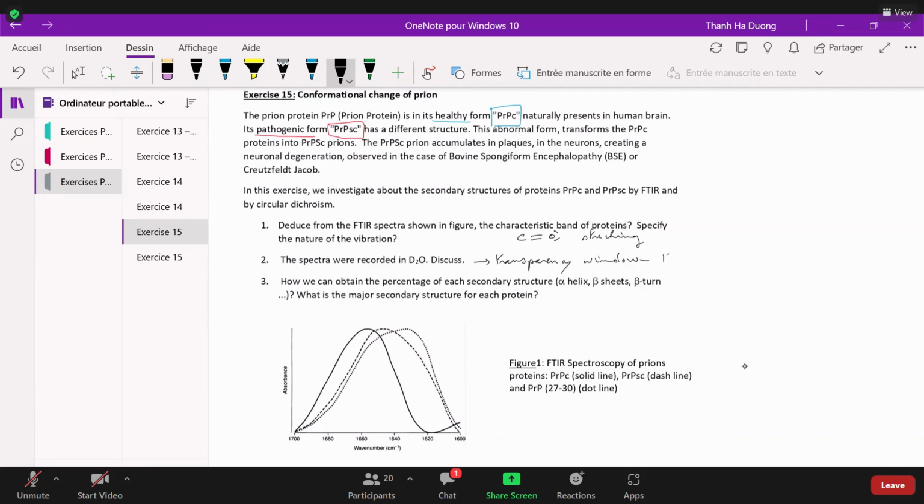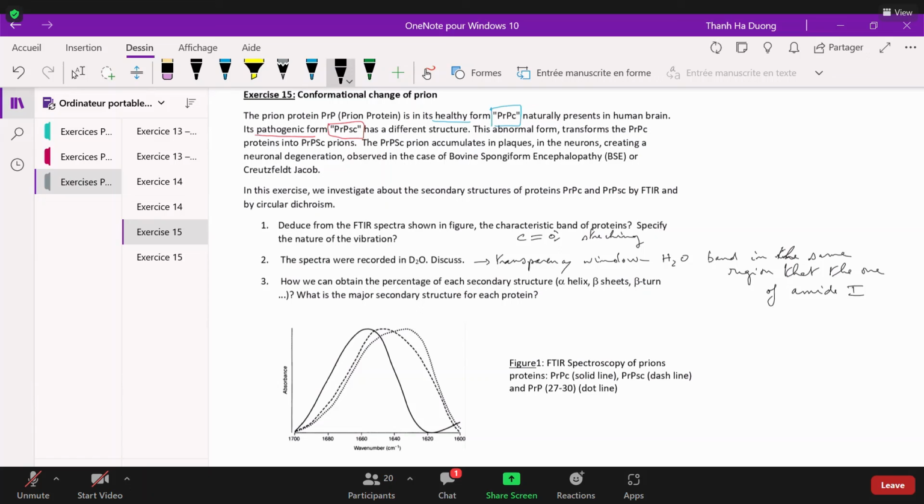And because in water, H2O, you have a band in the same region as the one of the amide I band.